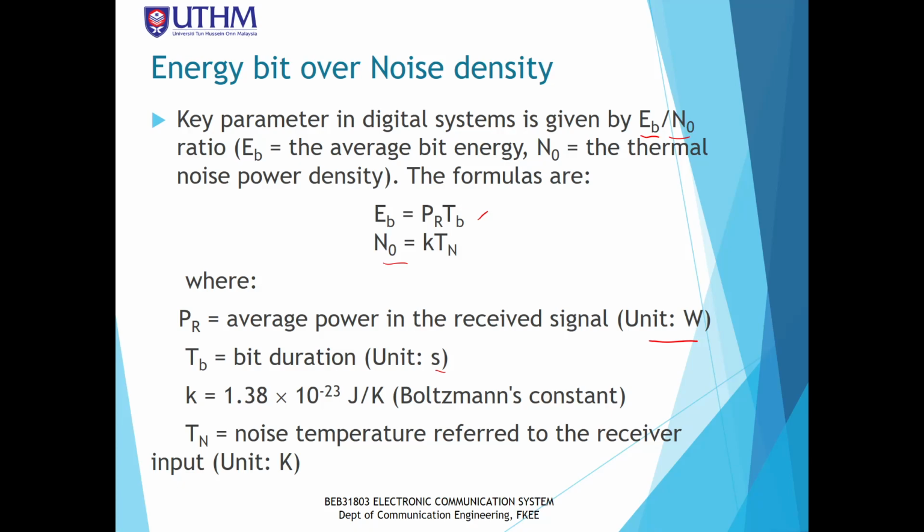N0 is the thermal noise power density, which is the Boltzmann constant multiplied by the noise temperature in Kelvin. So Eb over N0 is a unitless parameter, since both are in terms of joules, watt-seconds.